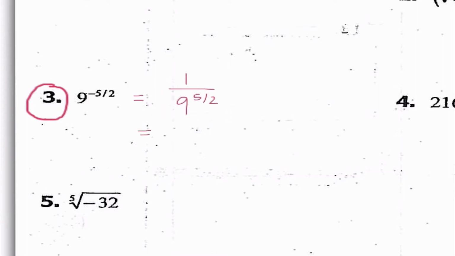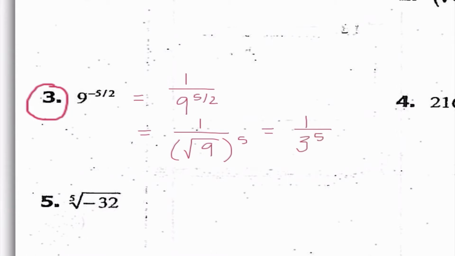So I'm going to have to think of this as 1 over the square root of 9 to the 5th power. Because we know when we're changing back and forth, my denominator becomes my index number, my numerator becomes our exponent. And this 5 can either go inside or it can go outside like I've written it. The reason why I wrote it this way is because I know the square root of 9 is 3.